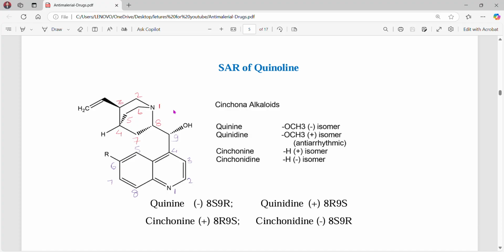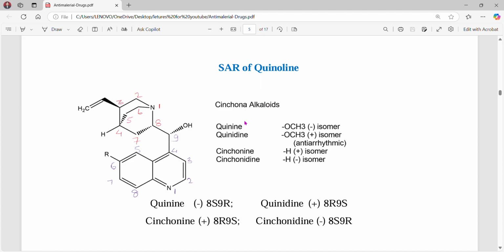Now cinchona bark contains a mixture of more than 20 alkaloids. Out of these, 4 major alkaloids are isolated from it, which are effective against the erythrocytic merozoites and constitute a part of the suppressive treatment for malaria.